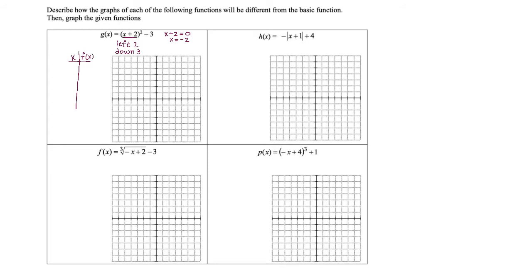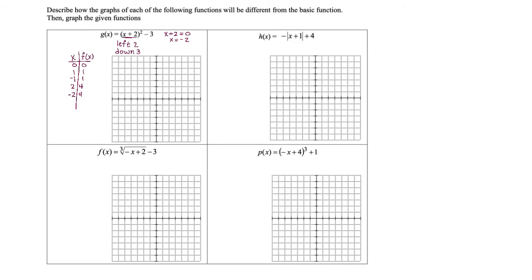And the original we had 0, 0, 1, 1, negative 1, 1, 2, 4, and negative 2, 4. Alright, and now let's do what we said we needed to do. We are going to move left 2 and down 3.